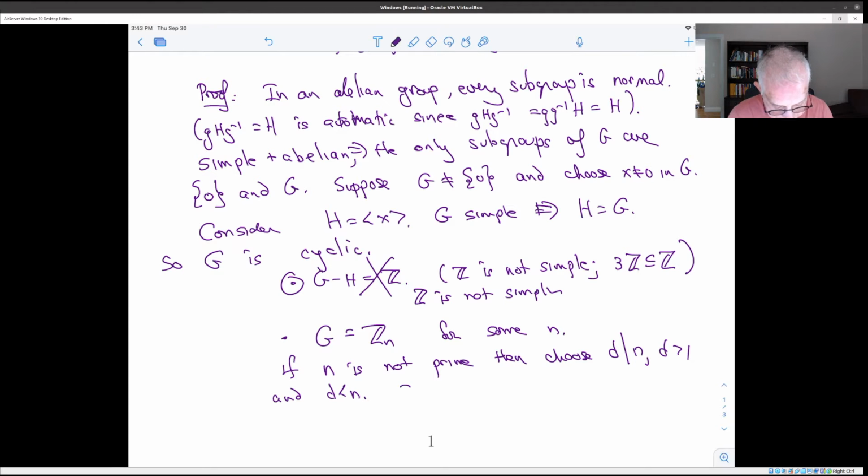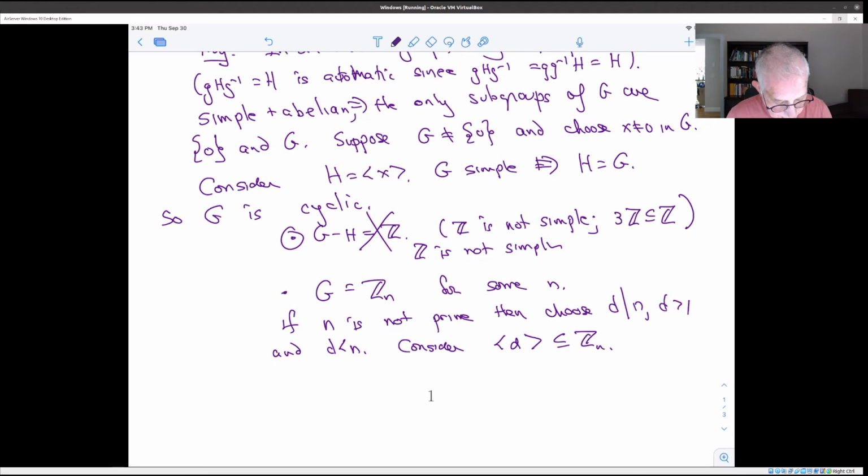And consider the cyclic subgroup generated by D. So this is actually a proper subgroup. We know how many elements it has: it has N over D elements. So it's not all of Z_N, and so Z_N isn't simple.